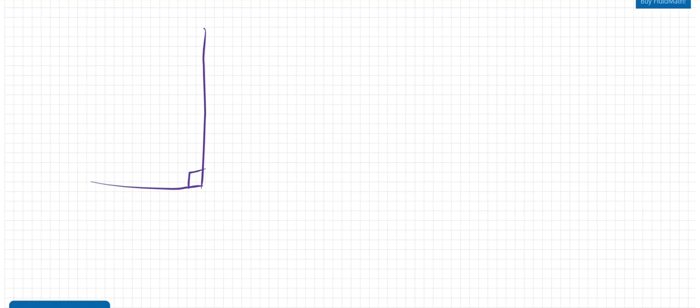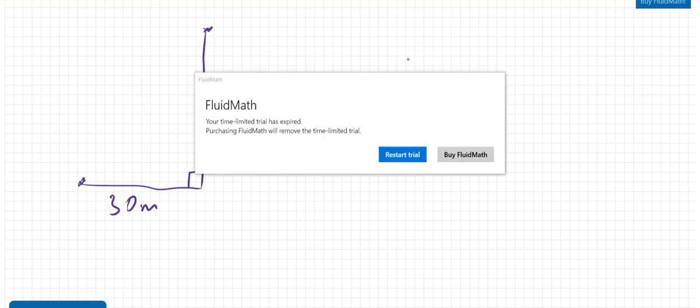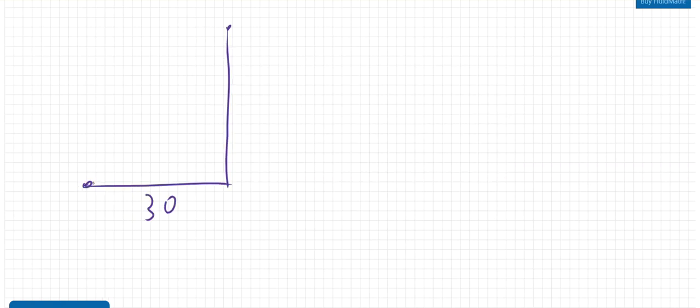So there's a right angle there. This point here is the point on the ground, which is 30 meters away from the tower, like the question says. And then it tells us the angle of elevation from this point to the top of the tower. So elevation means up. So here's my angle of elevation from the ground to the top of the tower, and there it is.